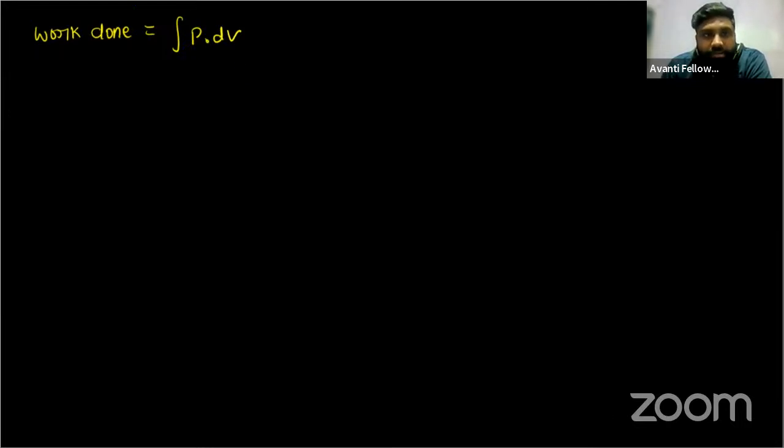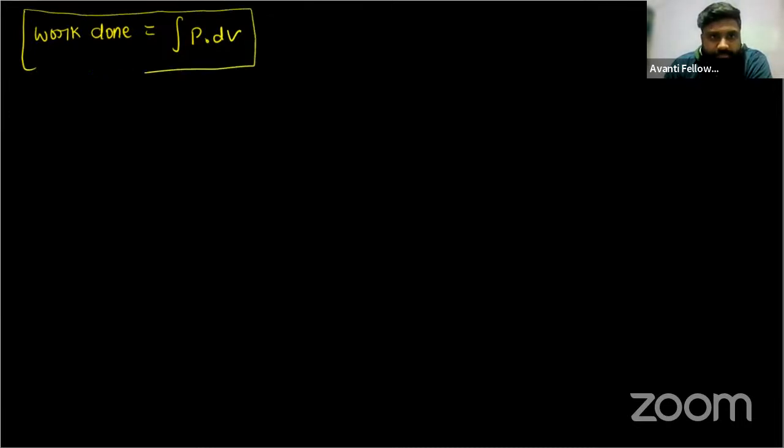Now, instead of writing this, you can also write it as d of PV, depending on whether pressure is the variable here or volume is the variable. Based on that, you will calculate this work done.